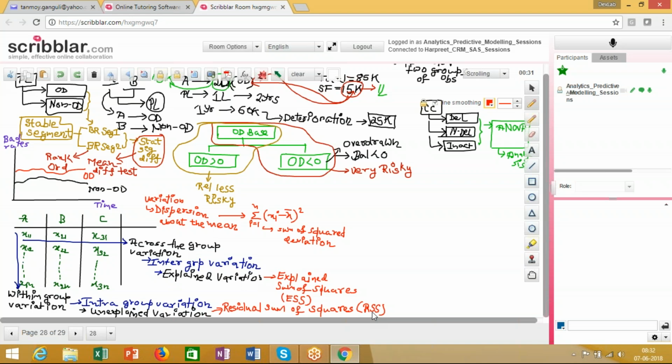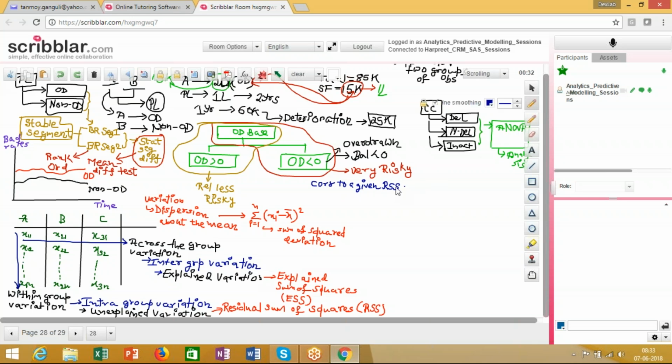So what I say is the following: corresponding to a given RSS, we have some value of ESS, right?